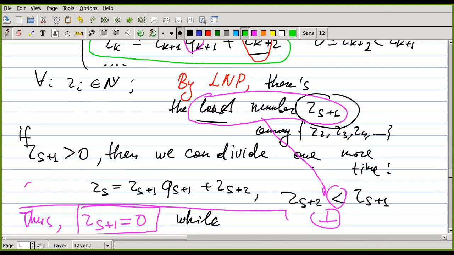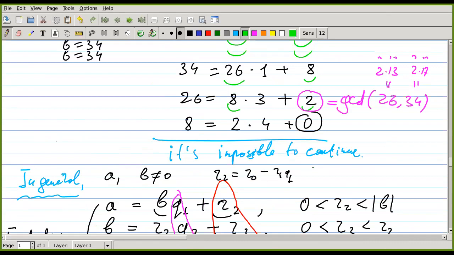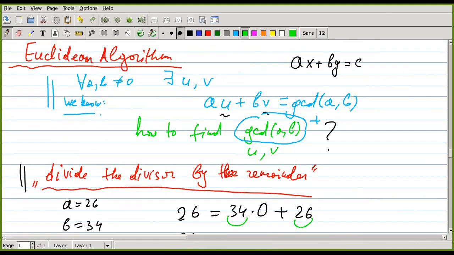So we have successfully completed this task of finding U and V such that the respective linear combination of A and B equals the greatest common divisor. Is it clear?